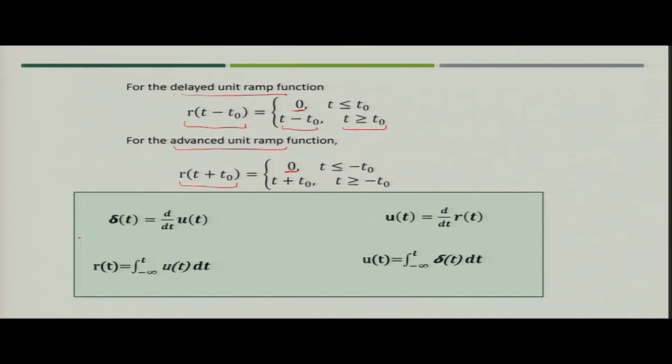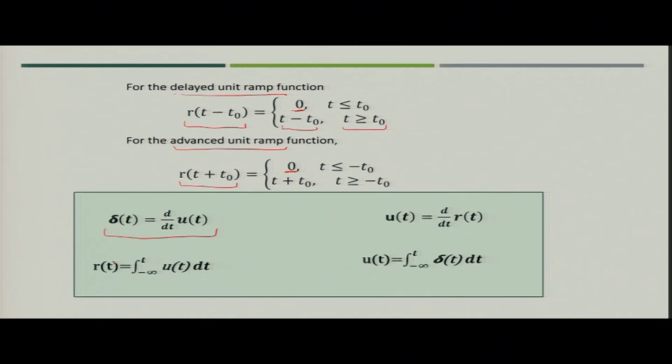So, you can summarize that the unit impulse delta of t is the derivative of the unit step function, and the unit step function is the derivative of the unit ramp function.